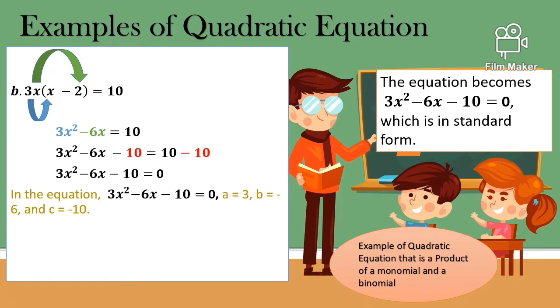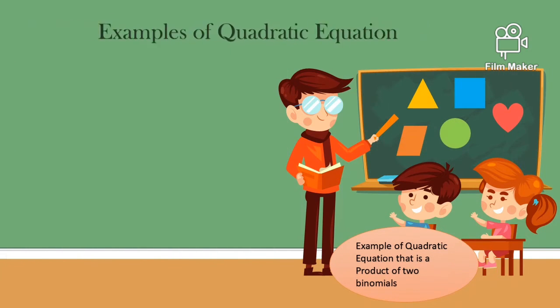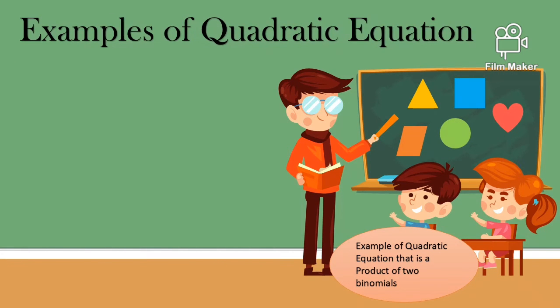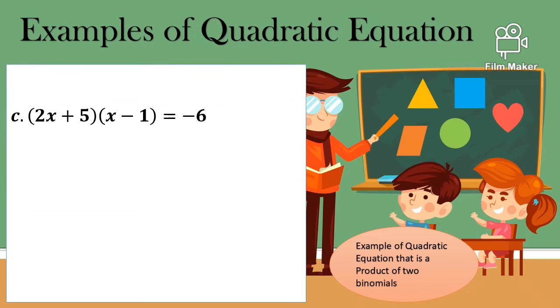So in this equation, the value of a is equal to 3, b is equal to negative 6, and c is equal to negative 10.